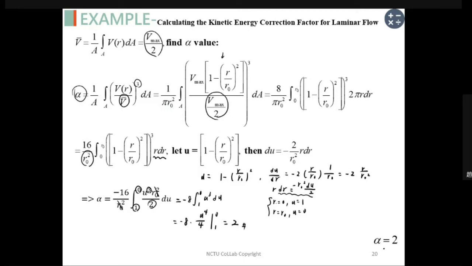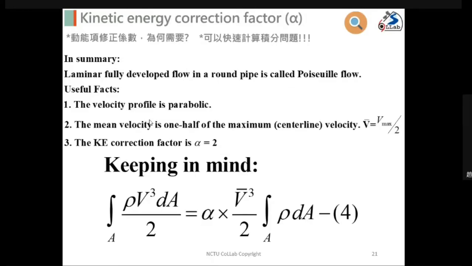So for many problems we can directly compute the alpha value by ourselves. And if we already have the alpha value, we can easily compute the complicated integration of the original velocity integration problem. So that is our equation 4. The idea is that initially the integration problem for the velocity, if not uniform flow, is too complicated to deal with.